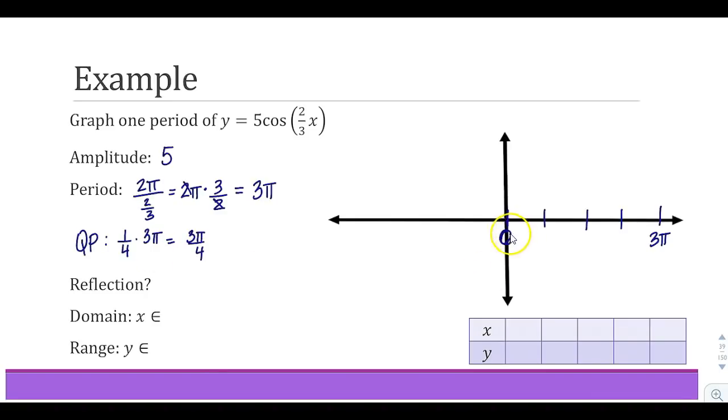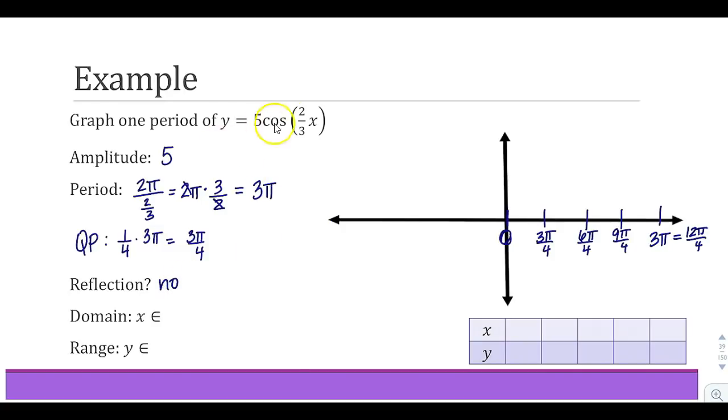So each of these has a length of 3/4 of pi. So the first one I'll label as 3 pi over 4, and then 6 pi over 4 to get to the next one, 9 pi over 4, and then finally 12 pi over 4, which does simplify to our 3 pi. Now there is no reflection because the number in front of cosine is positive.